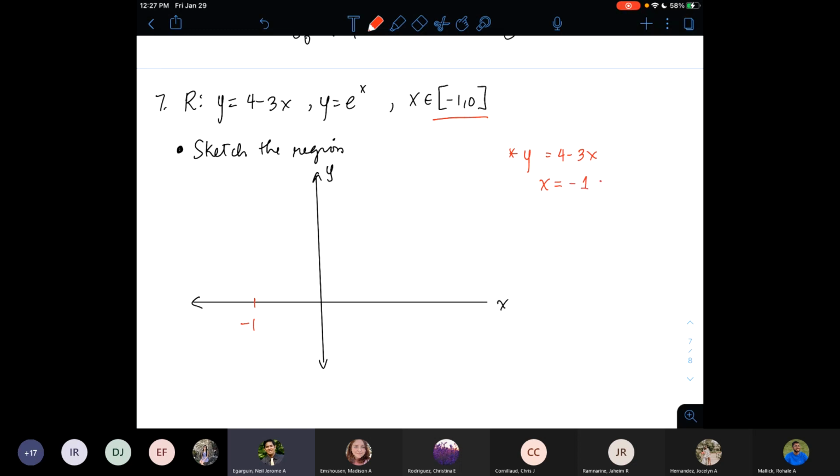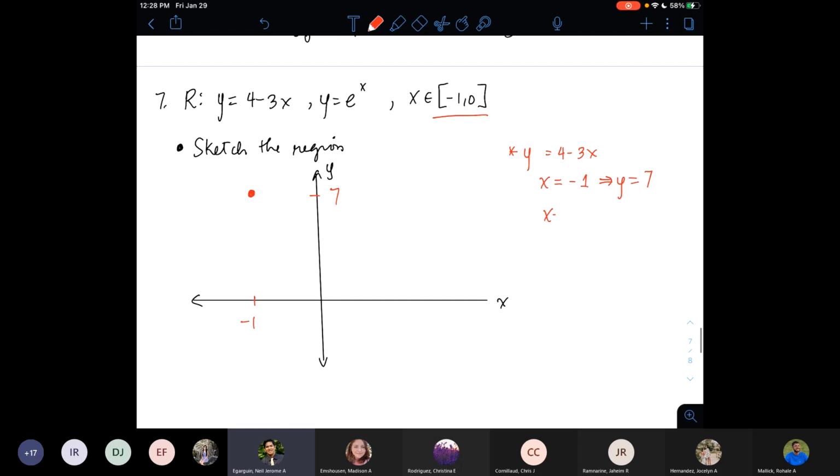When x is equal to -1, then y would be 7, somewhere here. And then when x is 0, we get y equals 4. So the graph over the interval -1 to 0 is something like this.